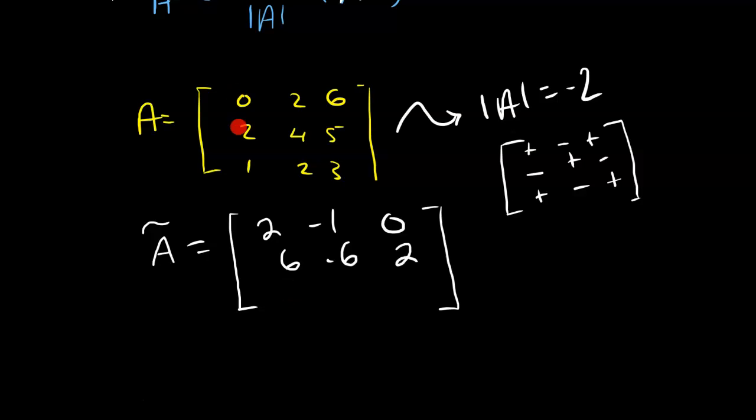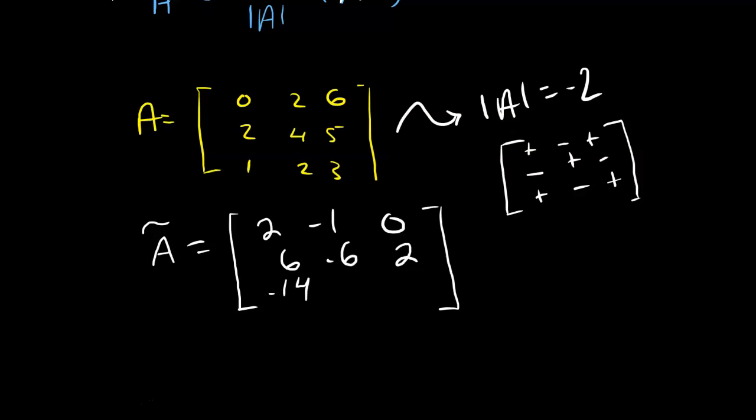For the bottom space, cross out its row and column, take the determinant of this, which is 10 minus 24. So 10 minus 24 is -14, and we do not change its sign. This next spot, we will change its sign after we find it, so we cross out the row and column that corresponds to this next position, and take the determinant of what's left over, which has these two elements and these two elements.